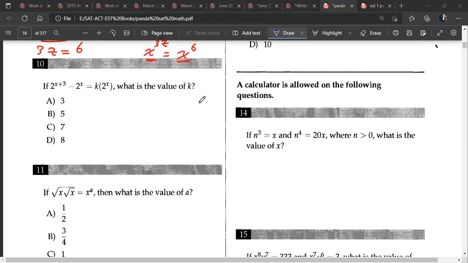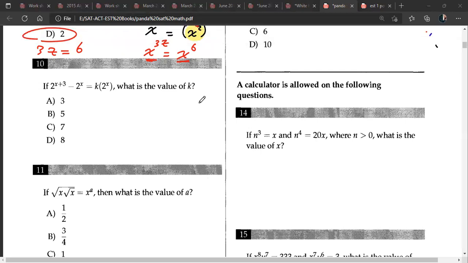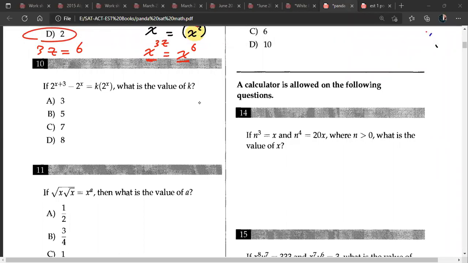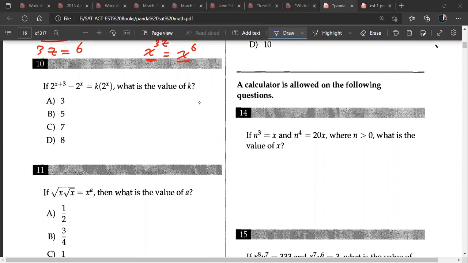Okay. For this question number 10, you have 2 power x plus 3 minus 2 power x equals k multiply 2 power x. Let's solve it together. He asked about the value of k.